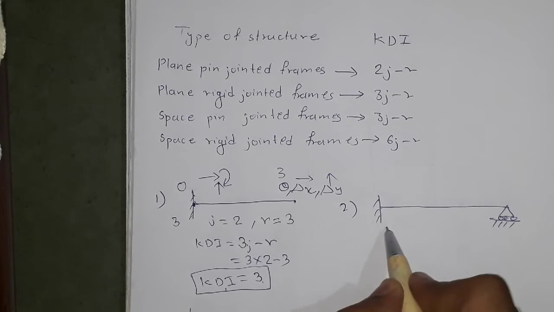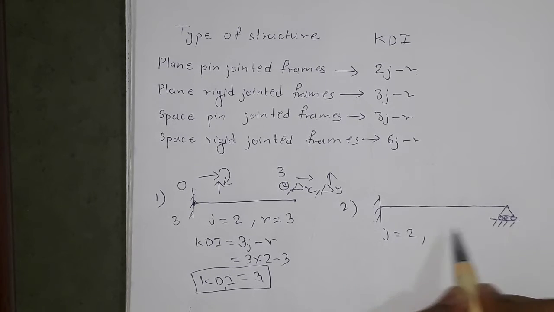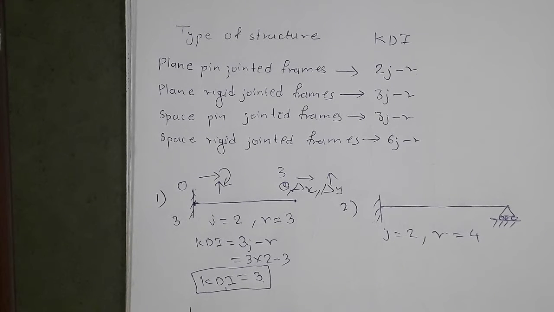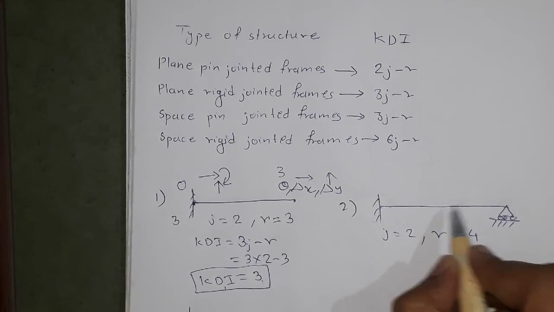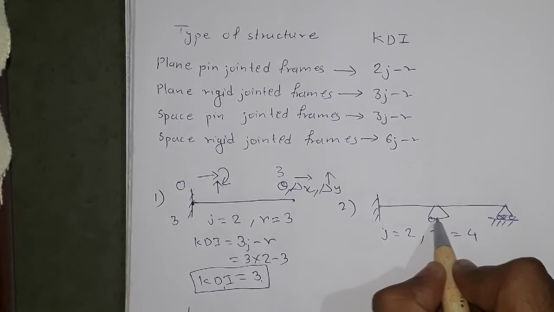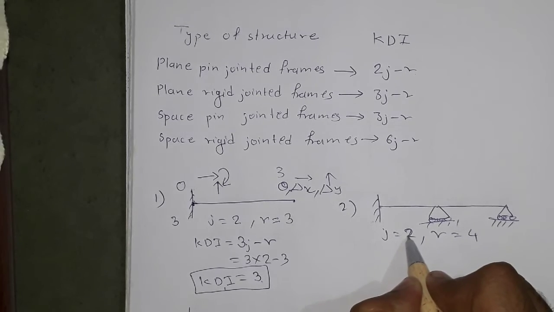So we'll see the next example. The number of joints will be equal to 2. Number of reactions 3 plus 1, 4. This is a very easy example. We will add one support here. So the number of joints will be equal to 3.